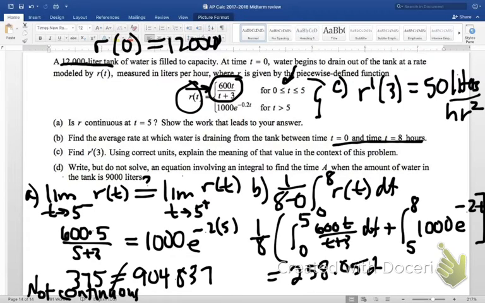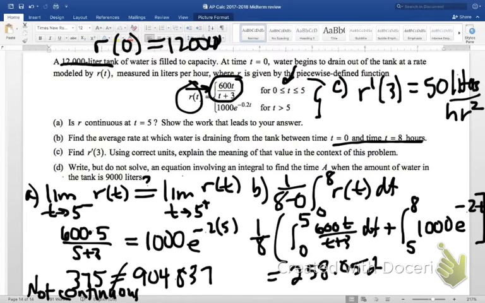The rate at which water is draining out of the tank at t equals 3 hours is increasing at 50 liters per hour squared. Okay, you want to make sure you say it's increasing at 50 liters per hour squared and use those units. Okay, part D.